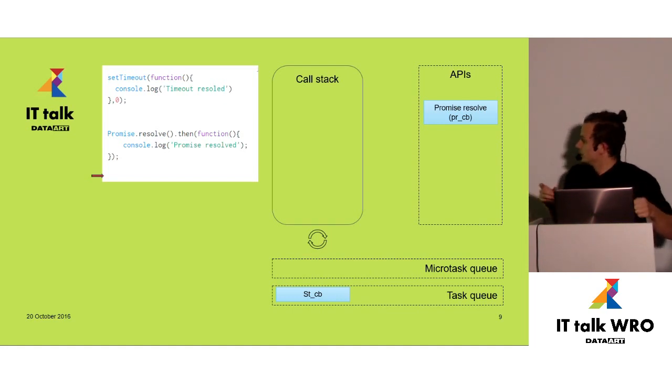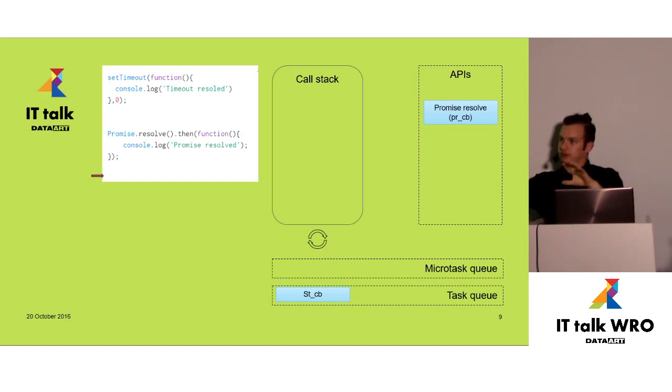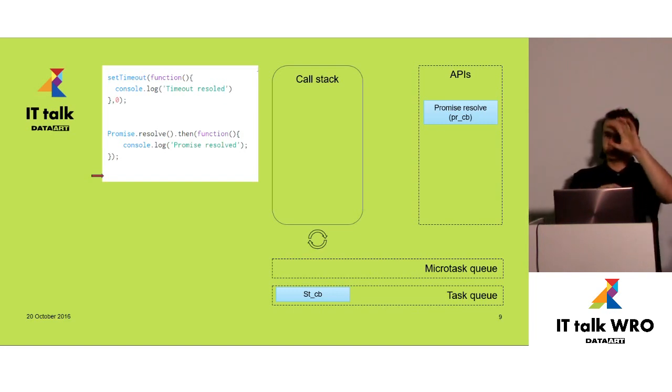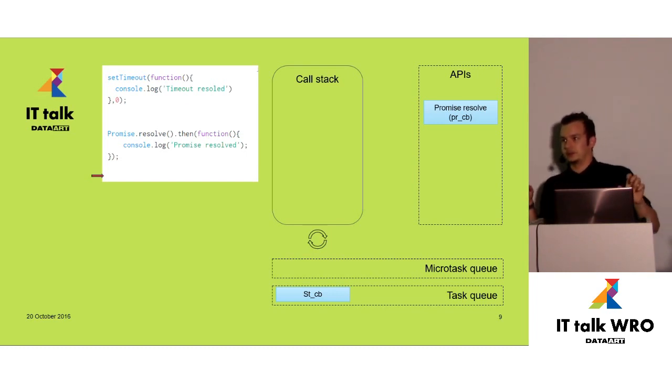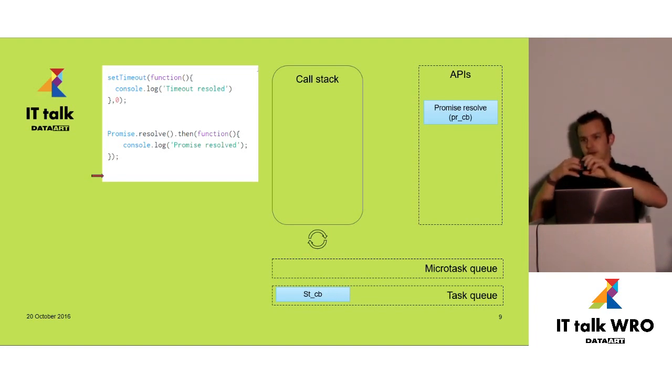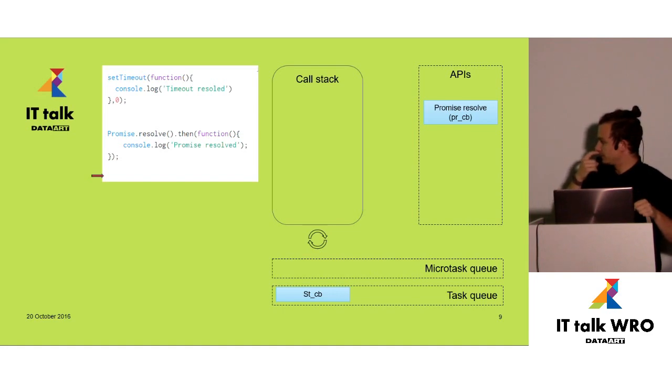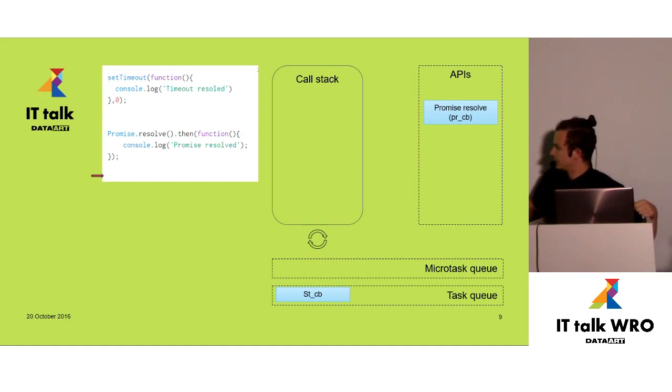If the task queue is something that runs after the call stack is clear, then the Microtask queue is something that runs just after the last call stack task. So what does it mean? It means it doesn't clear the stack for a rendering request.